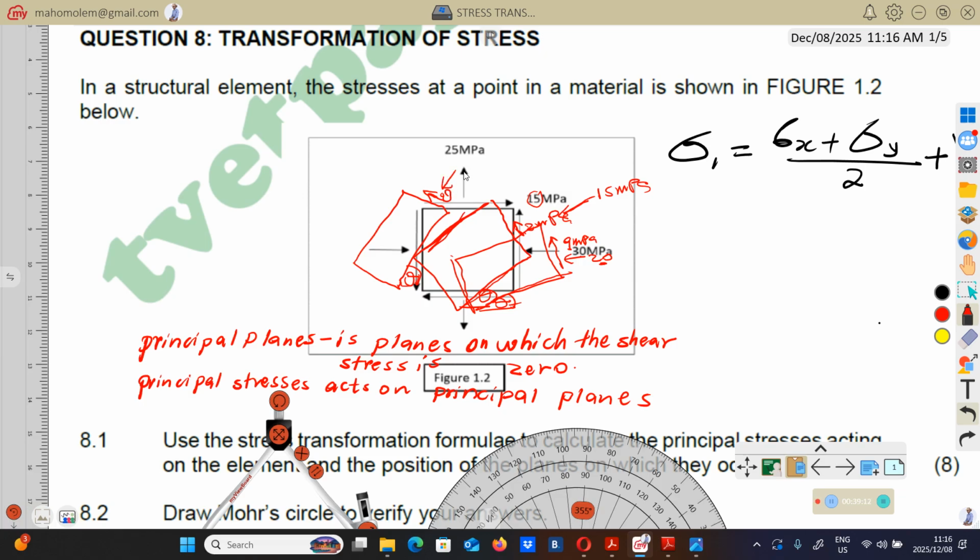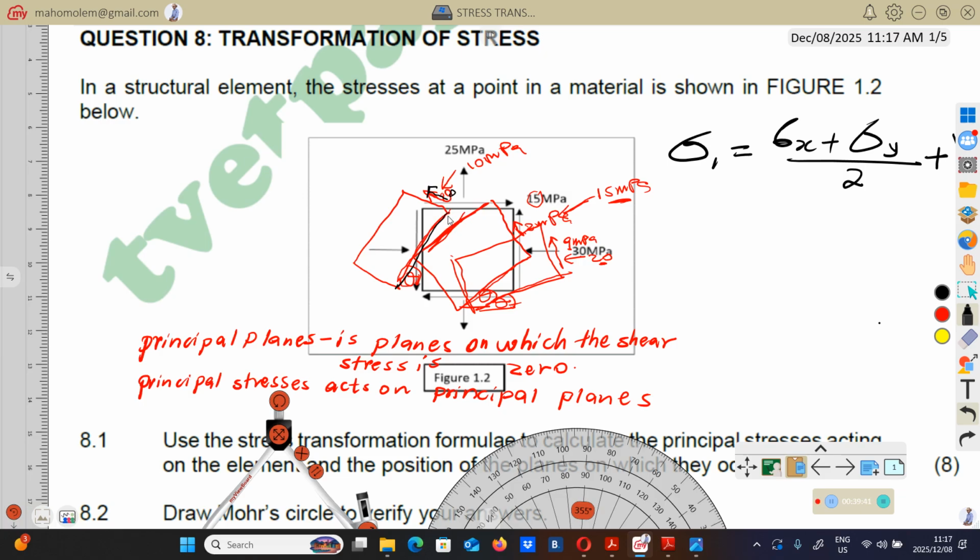And then maybe the normal stress on the X face will change from 15 to 10 MPa. Now, at this plane, I said that the shear stress is going to be 0.